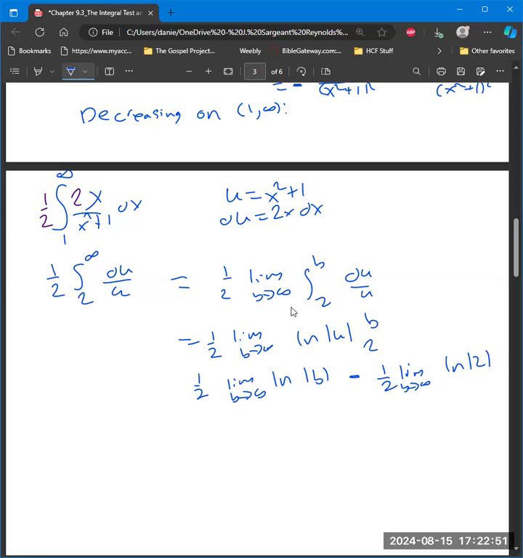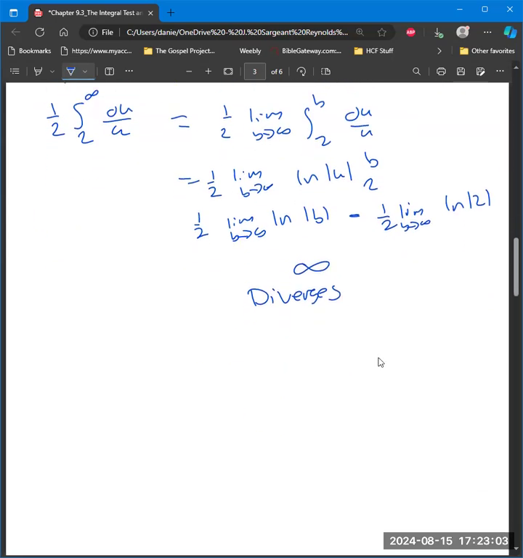This is going to infinity minus some number, but that's still going to be infinity. So this diverges. So the integral diverges. Therefore, the series also diverges by the integral test.